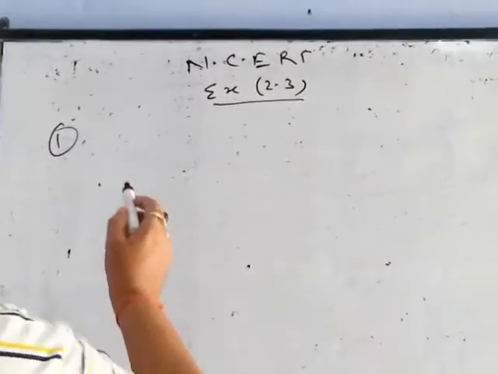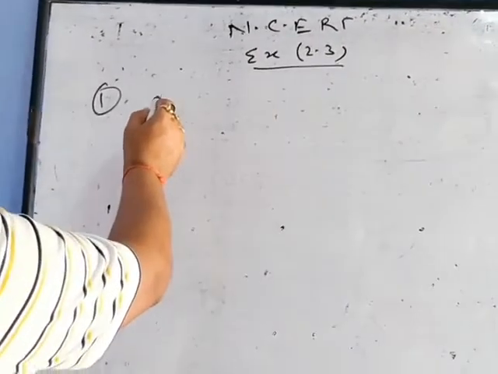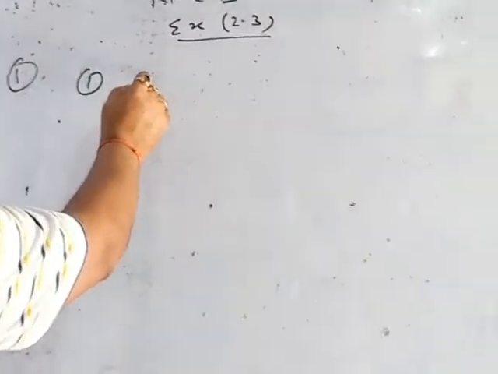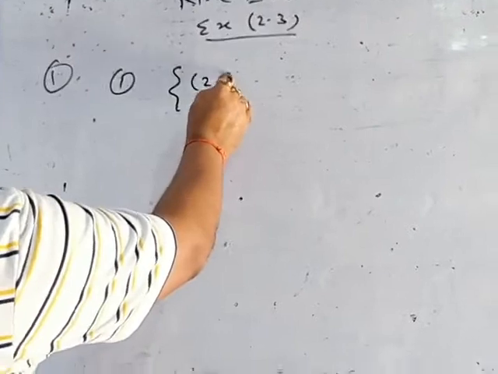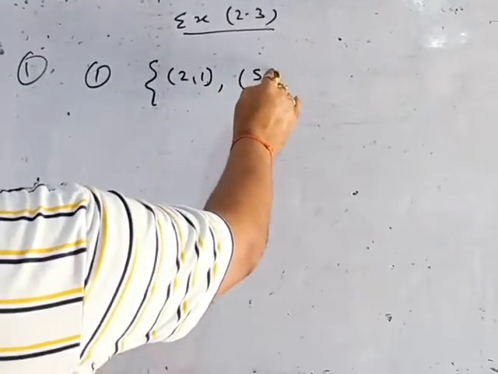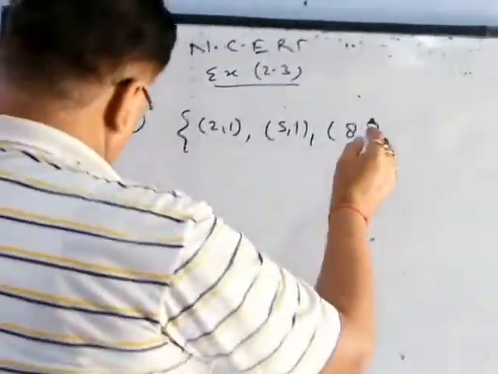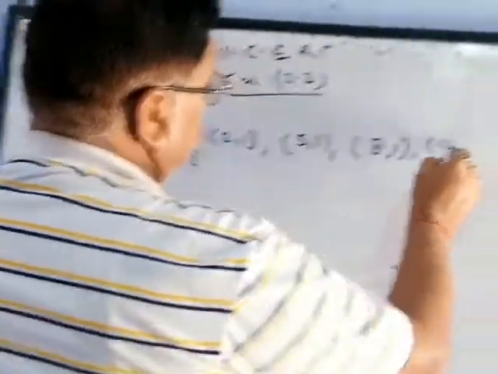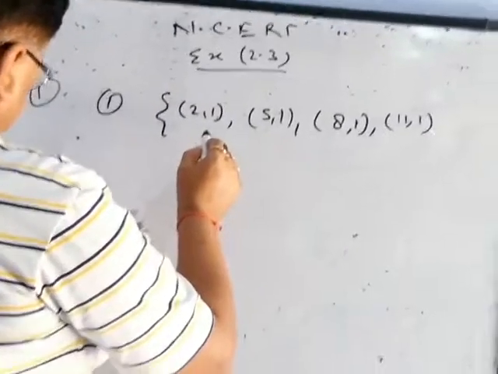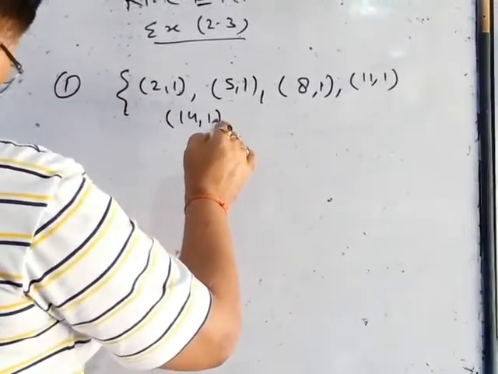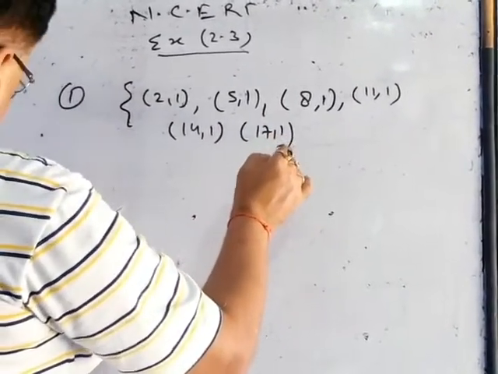So student, first question of this, here we have (2, 1), (5, 1), (8, 1), (11, 1), (14, 1), (17, 1).